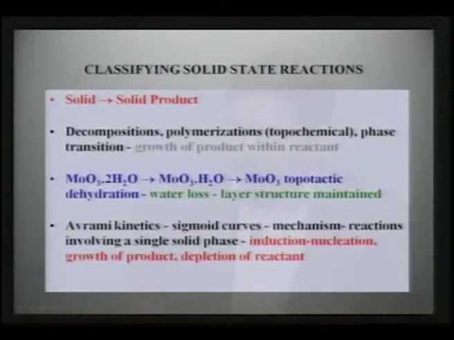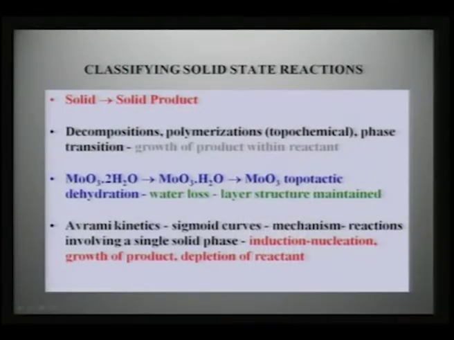This is one of the ways of realizing a solid state material, and the simplest example is that of a decomposition reaction. It could be a simple decomposition, conversion of, say, calcium carbonate to calcium oxide, which is a solid to solid product conversion, or it could be a polymerization reaction, or it could be a phase transition reaction.